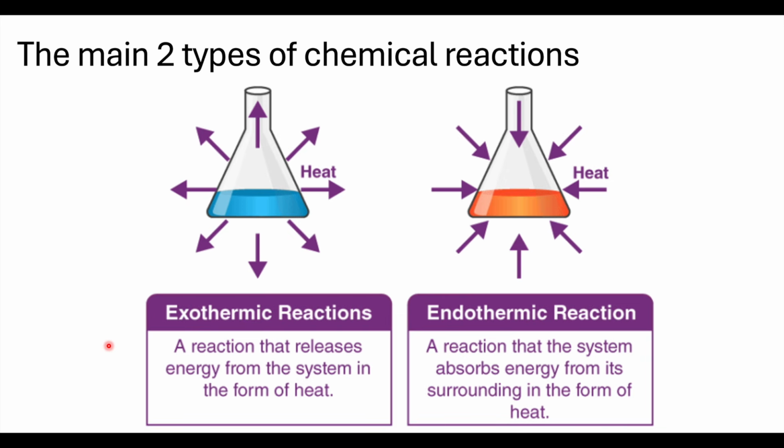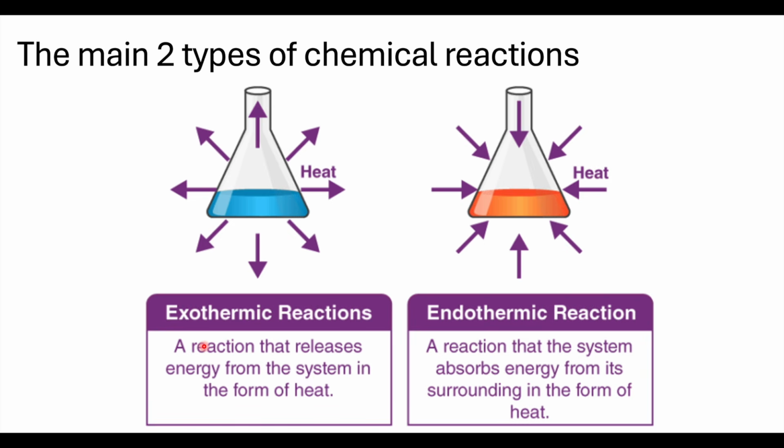And now let's move to talk about the main 2 types of chemical reactions. Here we go. We have one chemical reaction, we call it exothermic, and the other we call it endothermic. Depends on what? If we need to divide this term, exo and thermic, here endo and thermic. Thermic, from the term thermal, means heat, energy. Now exo and endo, the prefixes.